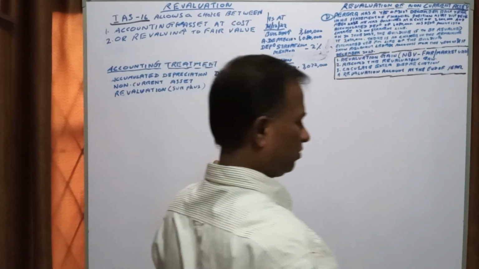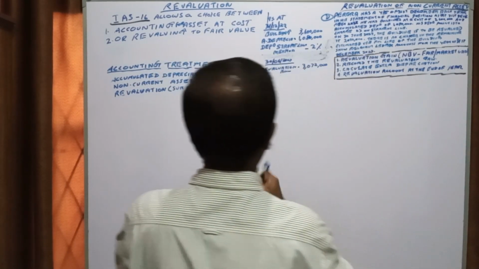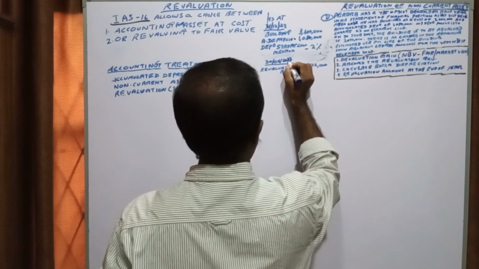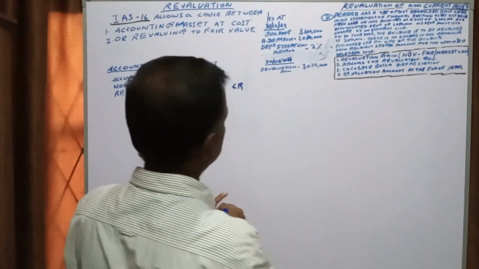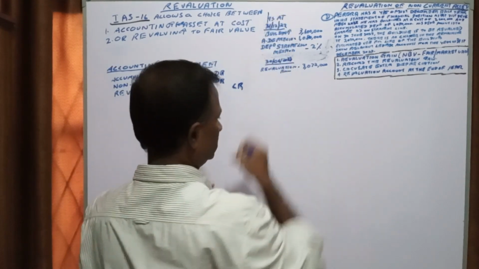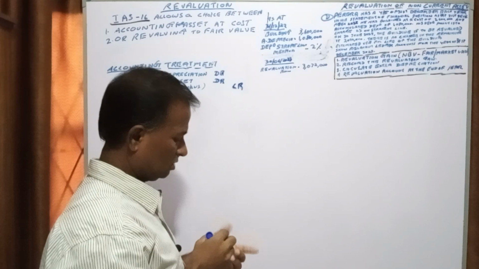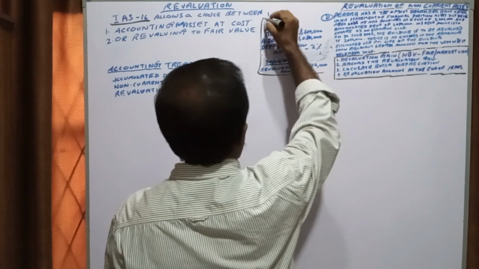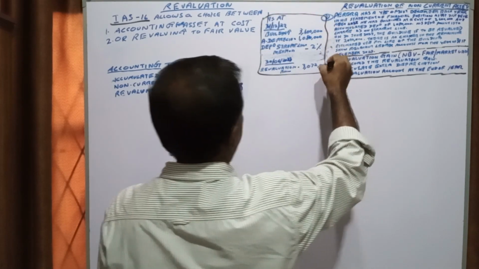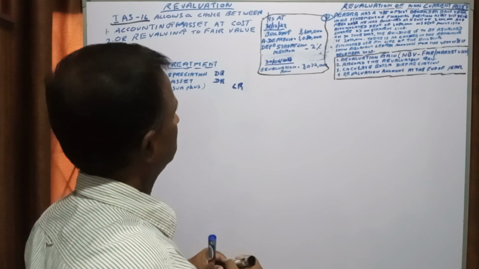From that we have to calculate the balances. You will say these are the facts given, we will put them in a box, and then your workings will be separate.